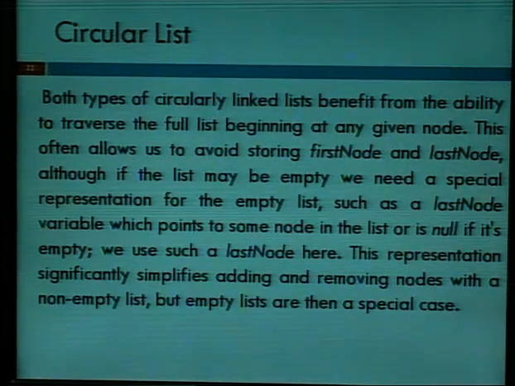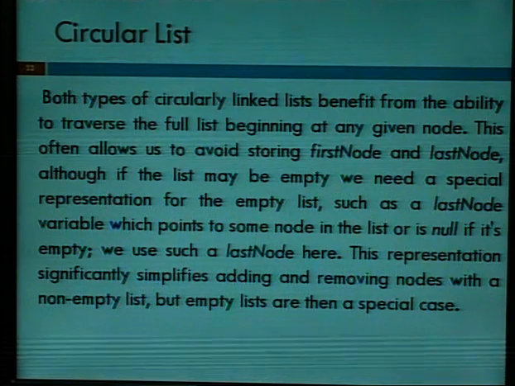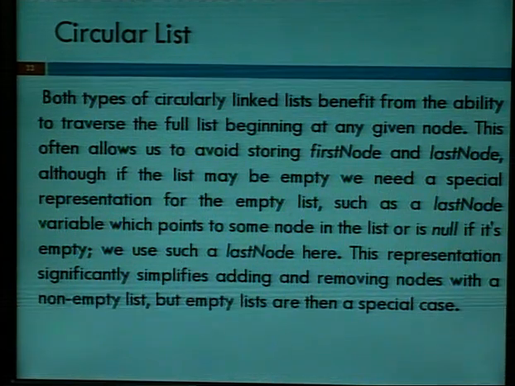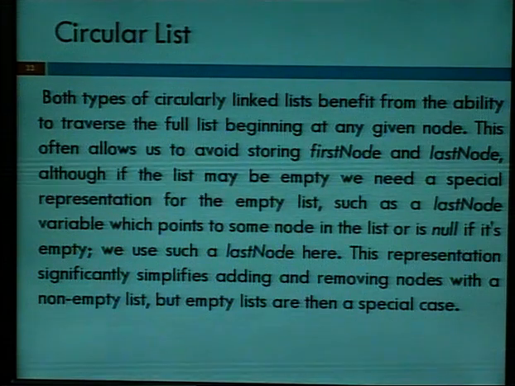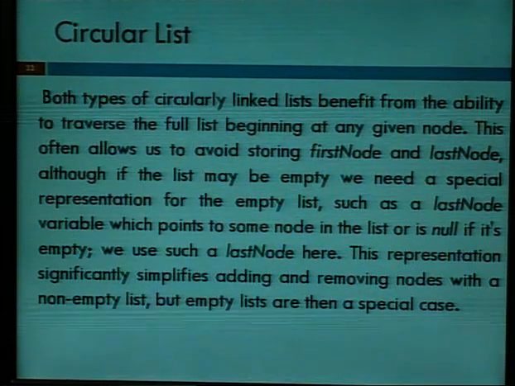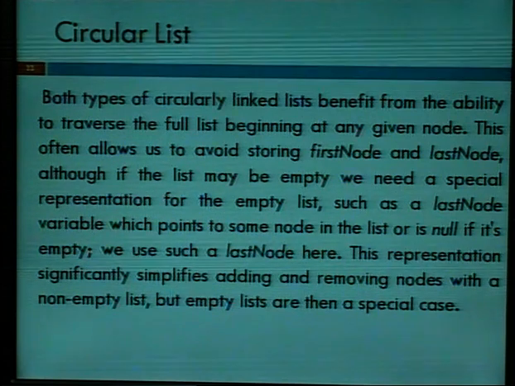In circular list, both types of circular linked list benefit from the ability to traverse the full list beginning at any given node. This often allows us to avoid storing first node and last node.